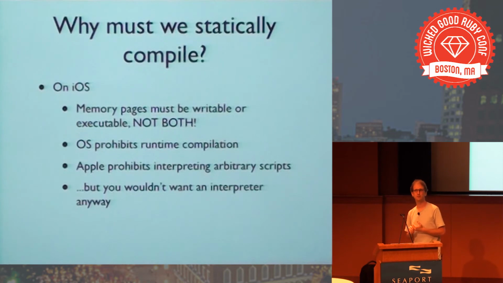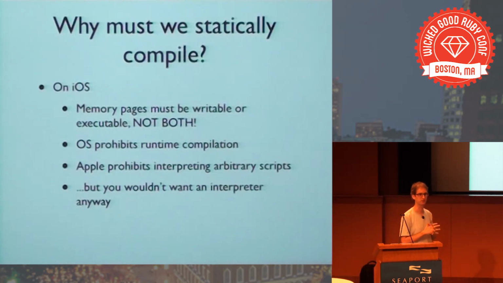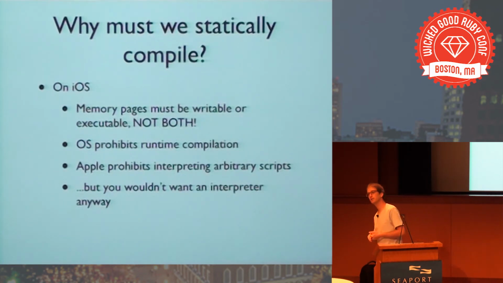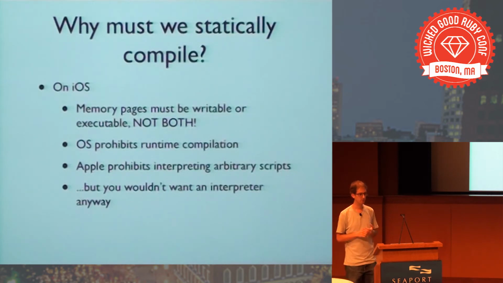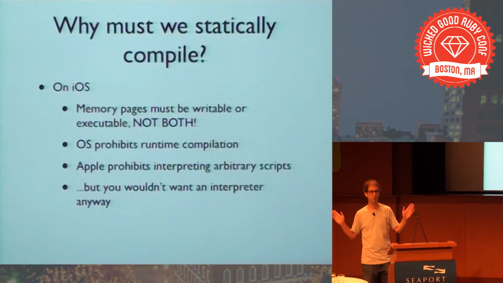And there's actually a good reason for this, right? This is a security concern. This is one of the main ways that most viruses work, right? Most exploits take advantage of the fact that you can write to a memory page and then turn around and convince the processor to run it. On iOS, this isn't possible. On iOS, memory can be writable or executable, but not both.